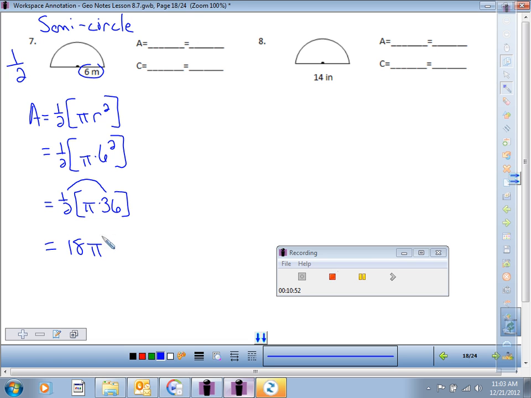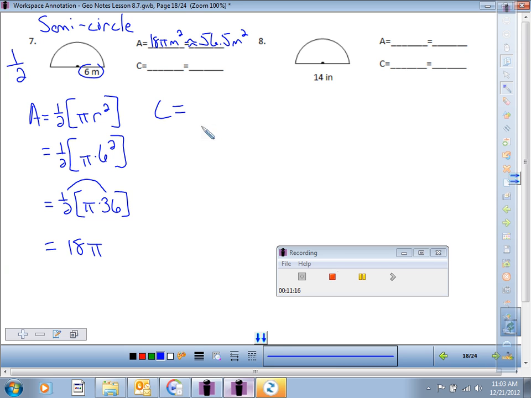So my final answer is simply 18 pi meters squared. And then you can take 18 times pi and get the approximation, which is approximately 56.5 meters squared.